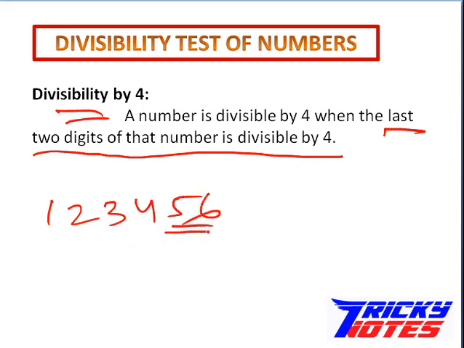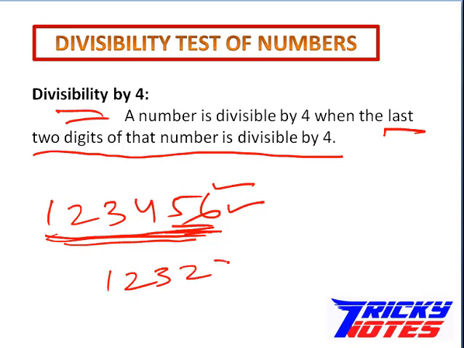If 56 is divisible by 4, then the whole number is divisible by 4. We know 14 4s are 56, so 56 is divisible by 4, so the whole number is divisible by 4. Now if the number is 1232, 9, 29 is not divisible by 4, so the whole number is not divisible by 4.